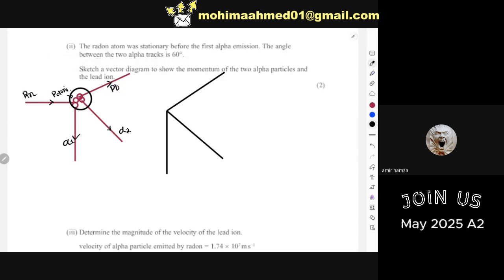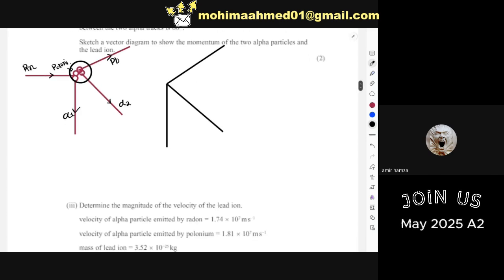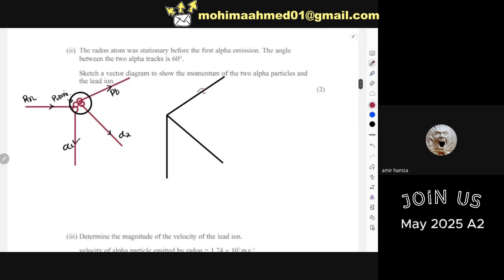Now in this diagram, if I want to create a vector diagram, there are three different directions, so I consider these as three different vector quantities. I'll use the triangle method this time. Let me write down the names again. This is for lead, this is for alpha 2, and this is for alpha 1.